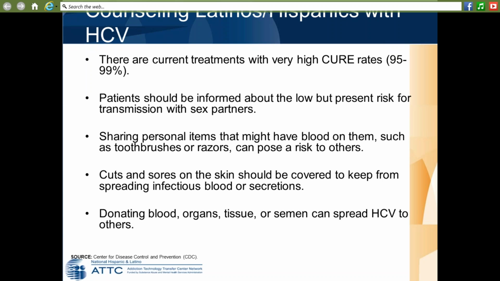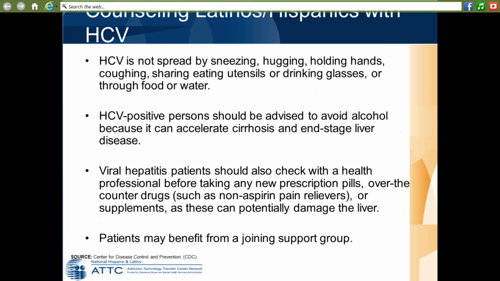And so, you know, this piece here is really important in relationship to counseling folks. HCV is not spread by sneezing, hugging, holding hands, coughing, sharing eating utensils or drinking glasses, or through food or water.